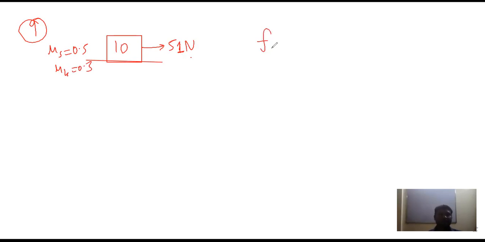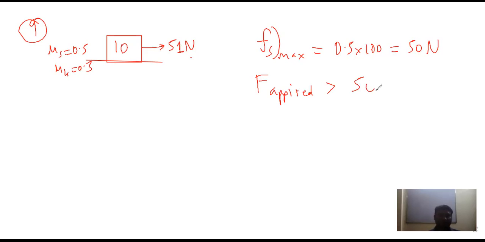So the maximum value of static friction in this case is mu s into N. Mu s is 0.5, N is 10g, which is 100. So we have 50 Newton force. Because the applied force, which is 51 Newton, is greater than the maximum value of static friction, which is 50 Newton, motion will be there.